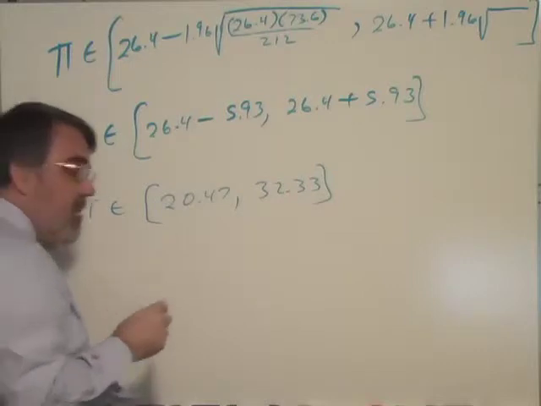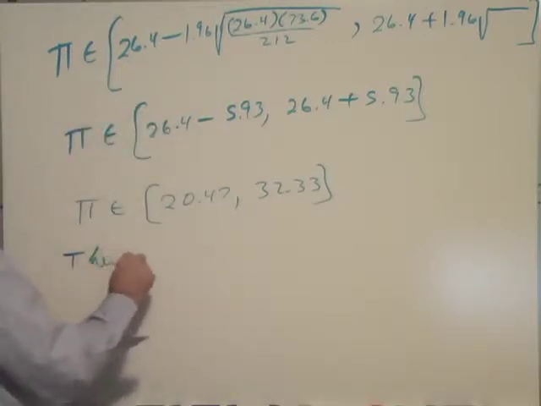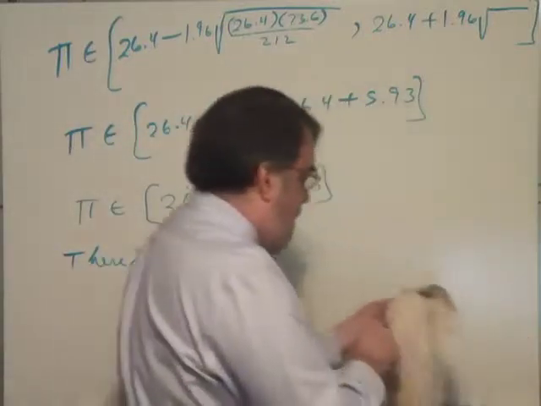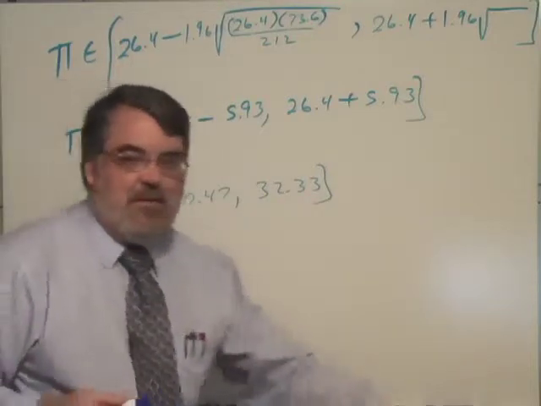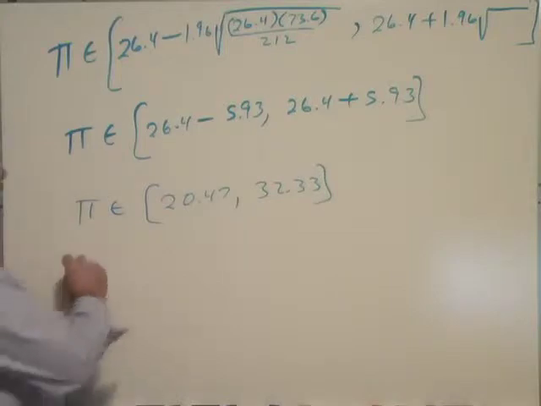Alright, so there is a 95% probability. I apologize, I'm trying to print rather than write cursive in my videos because my cursive is sloppier. So let me print this.